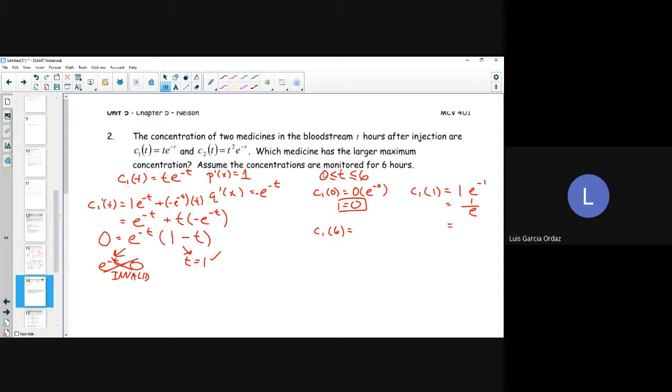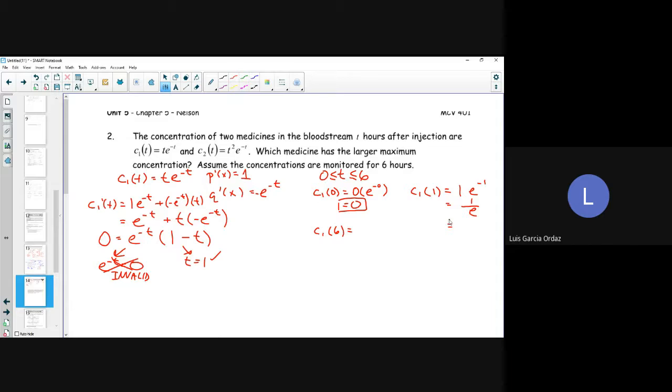So what is 1 over e? What does it approximately give me? That's fine, Rami. So can someone tell me what e approximately gives me? It's about 0.37.